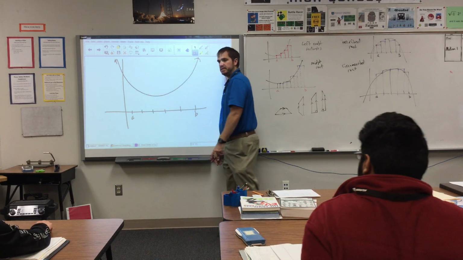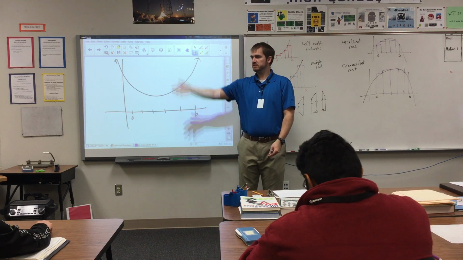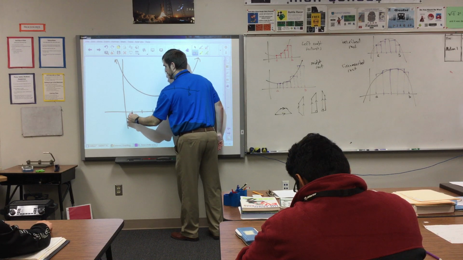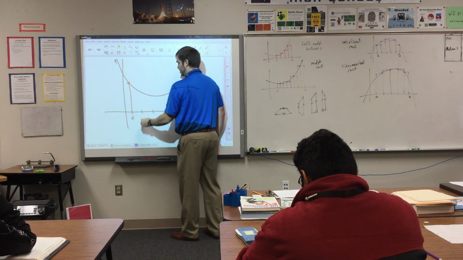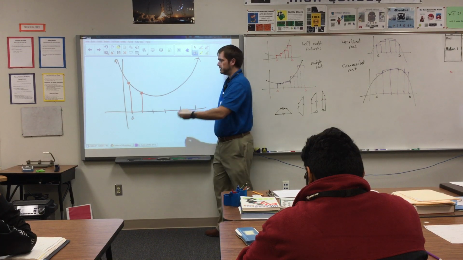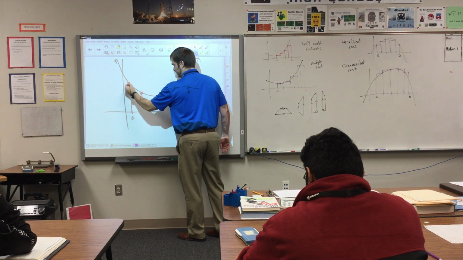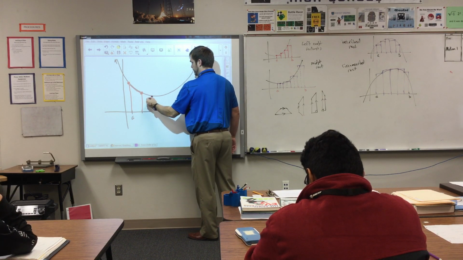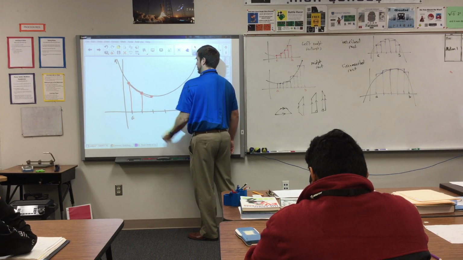The trapezoid method says, go up with the left endpoint and with the right endpoint. Go up to there, go up to there, and then connect them with a straight line. Left endpoint, right endpoint. Connect with a straight line.